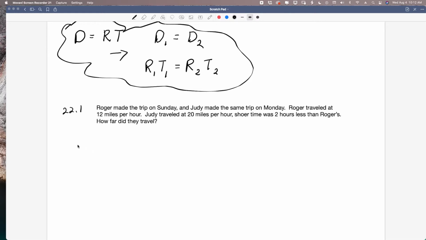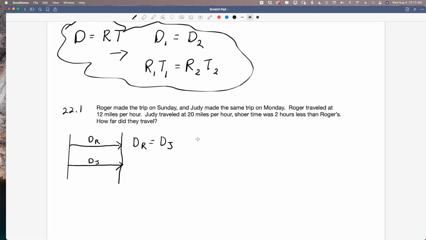So let's begin by looking at our illustration. Remember those illustrations? They both start at the same place, right? And the distance that Roger traveled was the same as the distance that Judy traveled. The distance of Roger equals the distance of Judy. They went to the same place, so dr equals dj, d1 equals d2, so the distance is the same.